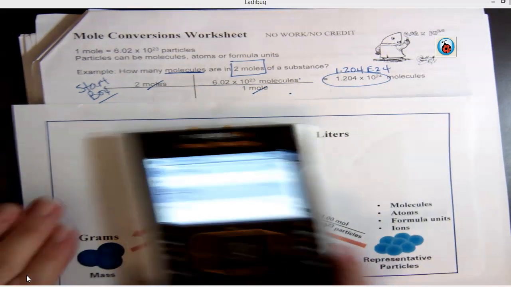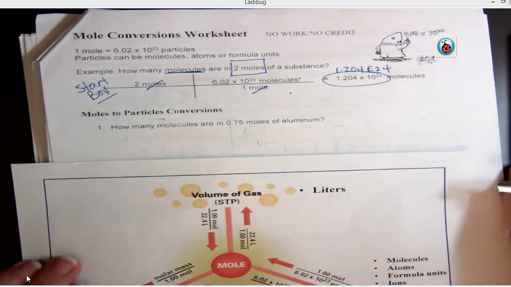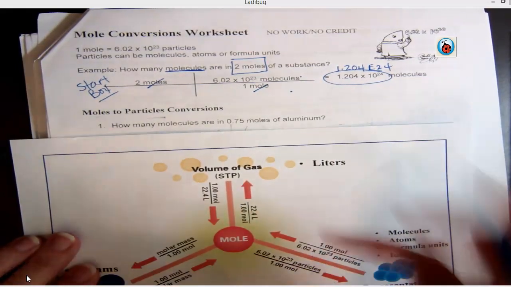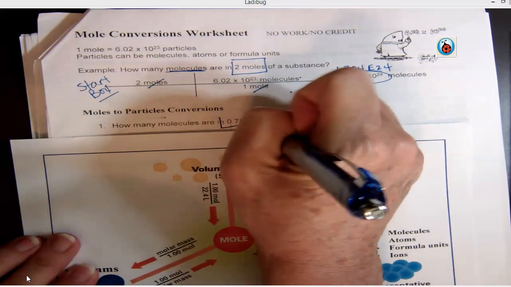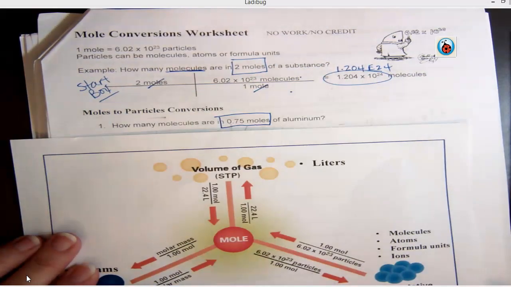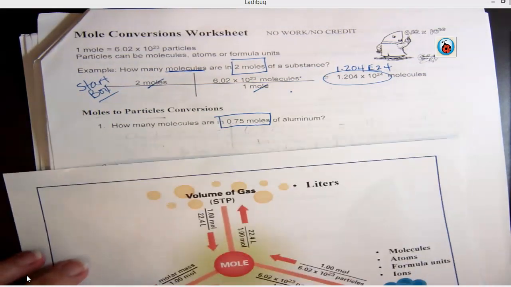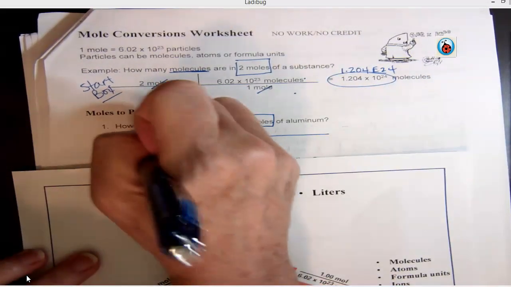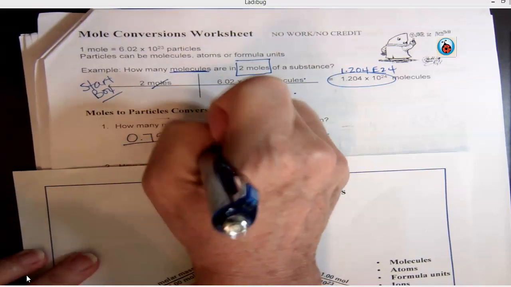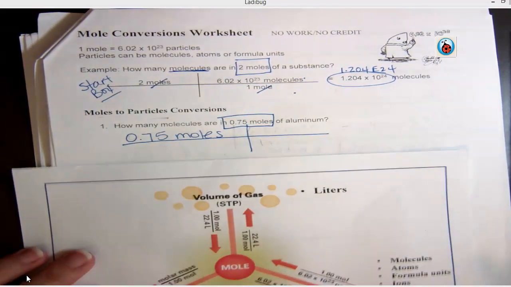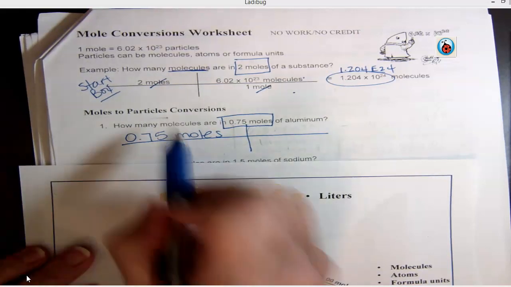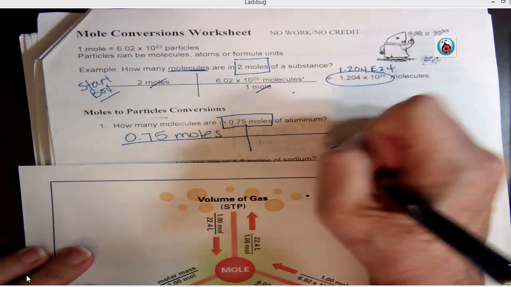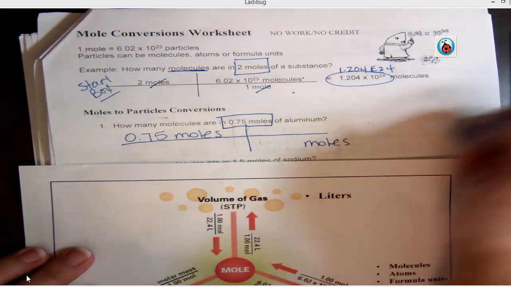Okay, so let's look at the first one. How many molecules are in 0.75 moles of aluminum? So what do I know? I know one thing. I know I have 0.75 moles. Okay, so I'm going to set up my train track, and in my start box, I'm going to put 0.75 moles. Okay, and these are all moles to particles. And what kind of particles do we have? We have molecules. So to get this to cancel, I know I need moles on the bottom, and what do I need on top?